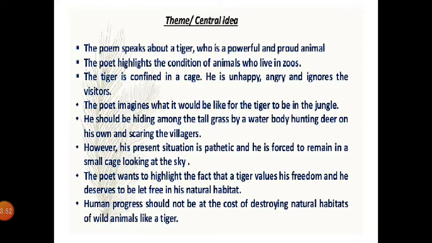The poet wants to highlight the fact that a tiger values his freedom and he deserves to be let free in his natural habitat. Human progress should not be at the cost of destroying natural habitats of wild animals like a tiger.